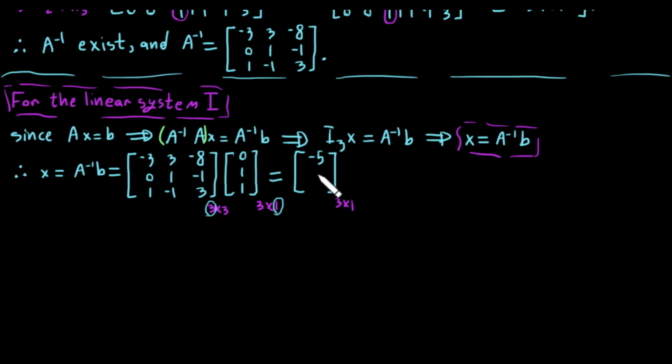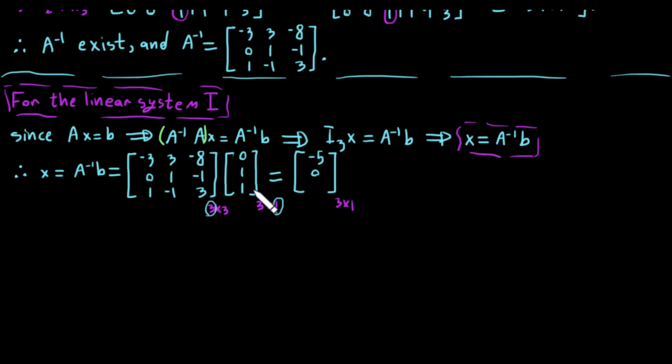To find this element here, we multiply this row by this column. So 0 multiplied by 0, which is 0, plus 1 multiplied by 1, which is 1, plus negative 1 multiplied by 1, which is negative 1, 0 plus 1, which is 1, 1 minus 1, which is 0. So here I have to write 0.